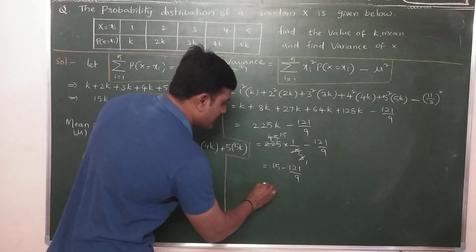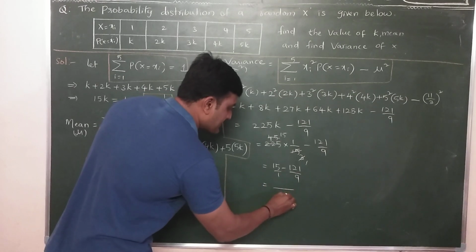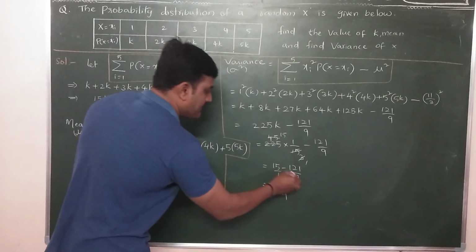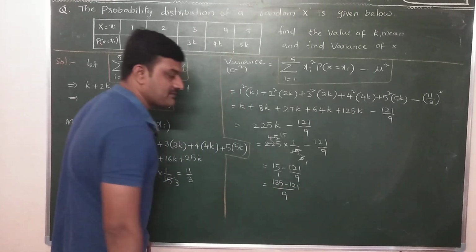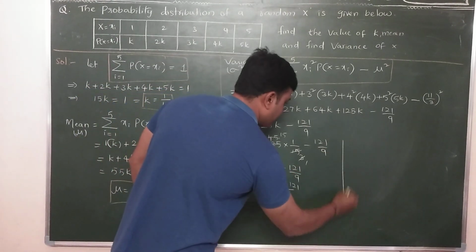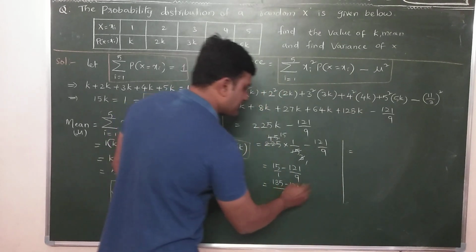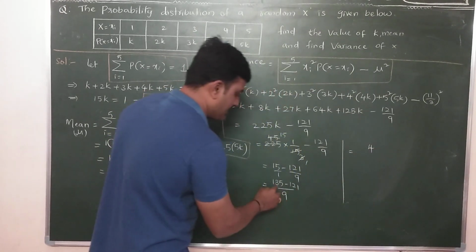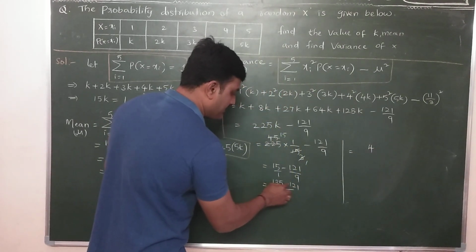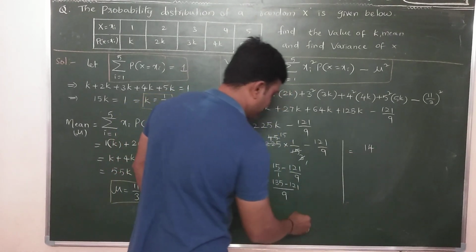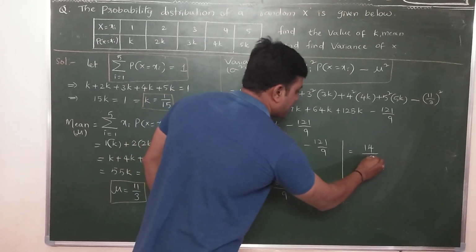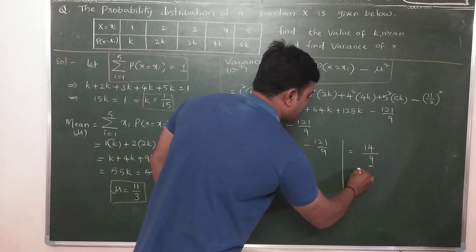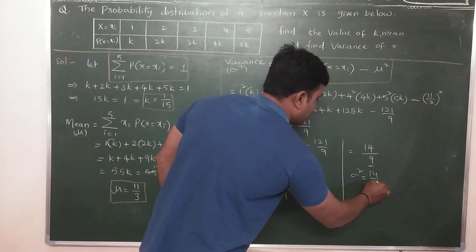Now 9 is the LCM: 9 times 15 is 135, minus 121, which equals 14. So this is nothing but the variance, 14 by 9.